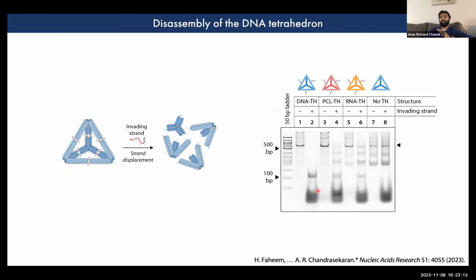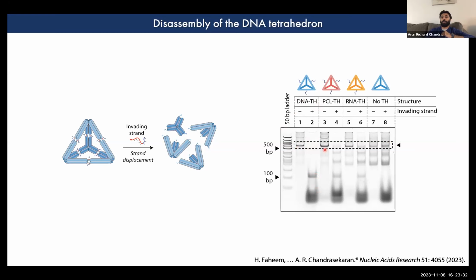Next, we wanted to see if we can actually do toehold-based strand displacement and disassemble the tetrahedron. If you look at these lanes, first, when we have an all-DNA structure, you see the tetrahedron band, and then with the addition of an invading strand, the tetrahedron is disassembled into its component motifs.